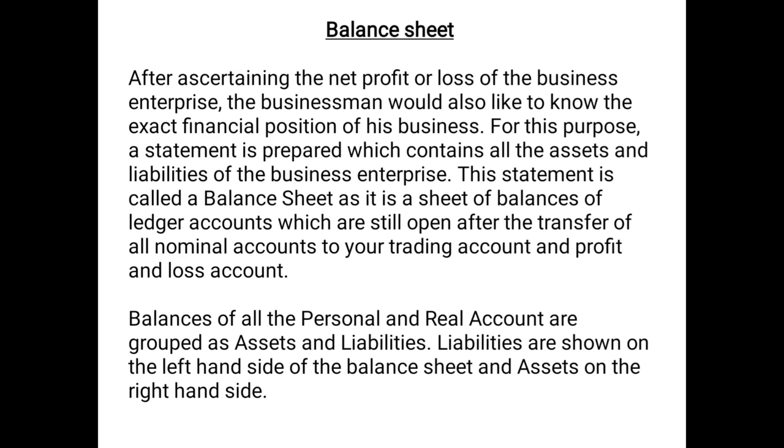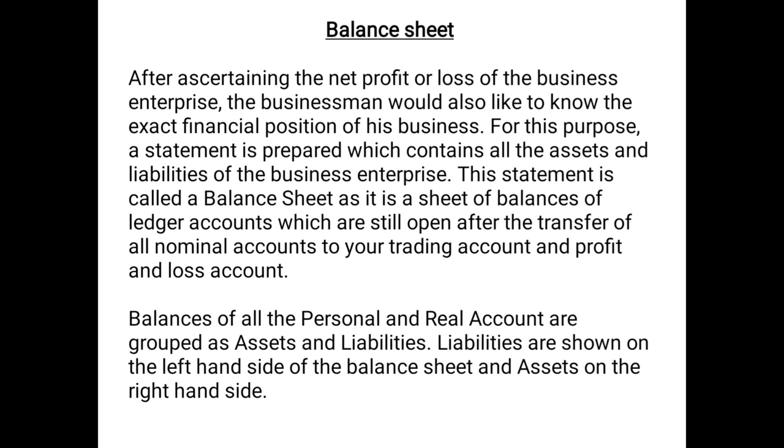So basically we can summarize and say that a balance sheet is a statement which shows the financial position of the business. It is not an account, it is a statement which shows the ledger balances. Balances of all personal and real accounts are grouped as assets and liabilities.